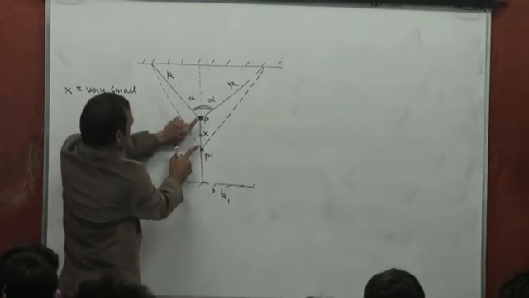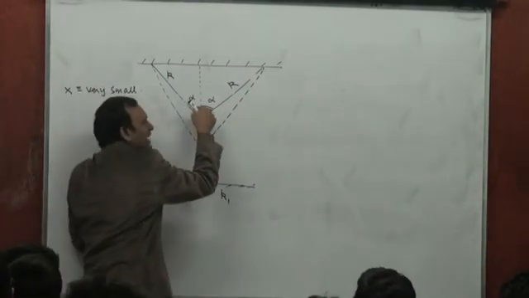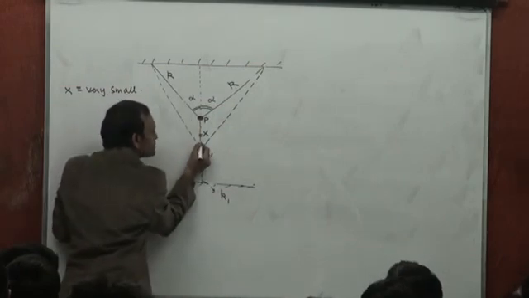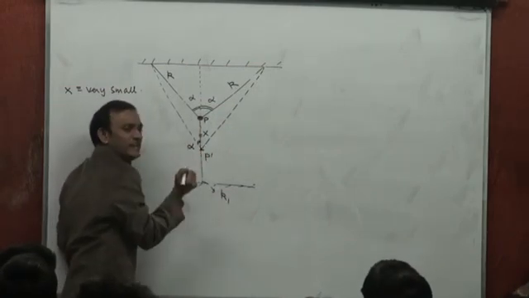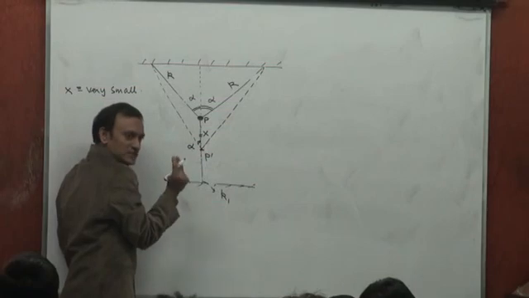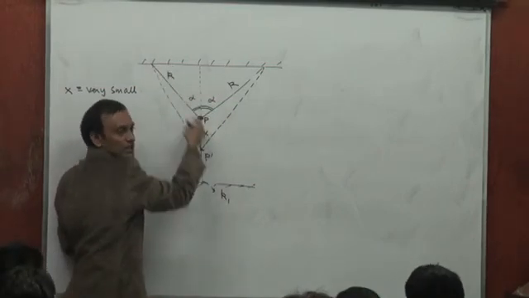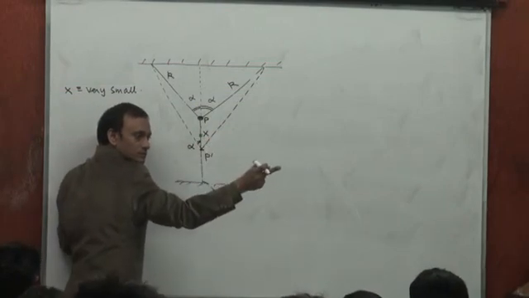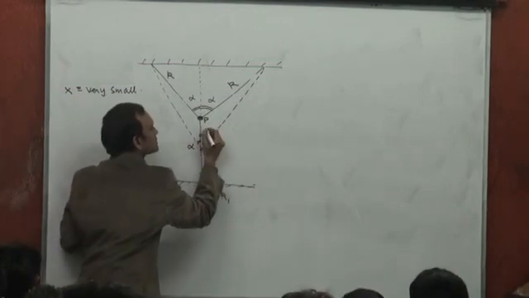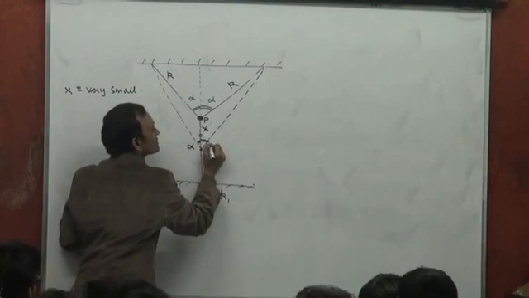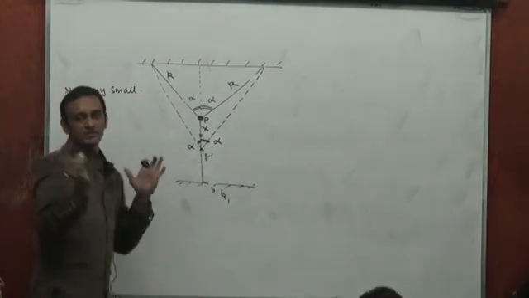And if this angle is alpha, reckon that this angle will also remain practically alpha. This x is very small, so the angle that this makes with the vertical will remain almost the same. So this angle is alpha, so is this alpha from symmetry.